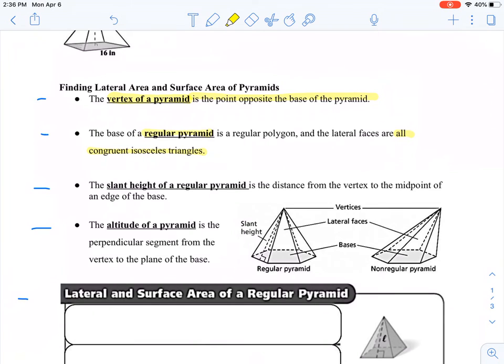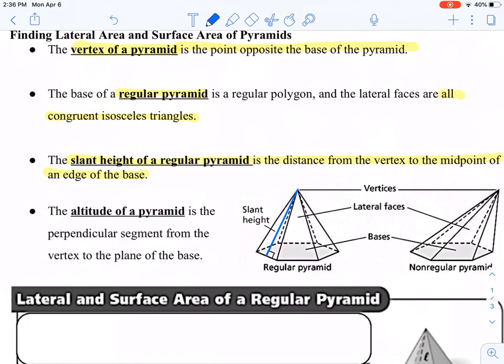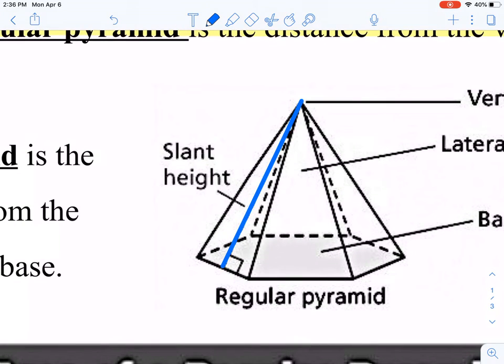This is, again, for a regular pyramid. The slant height of a regular pyramid is the distance from the vertex to the midpoint of an edge of the base. So for example, if we look here, from the vertex to the midpoint of the edge of the base, that blue line right there is the slant height.